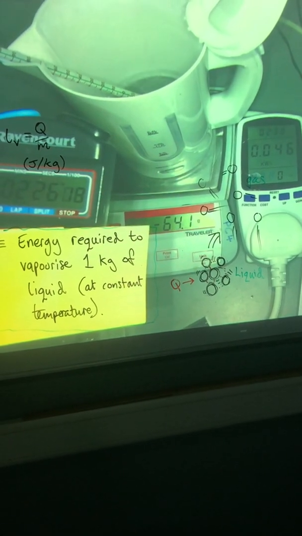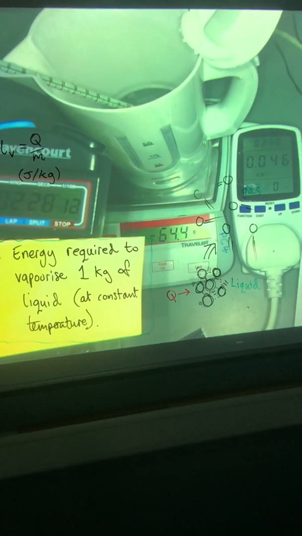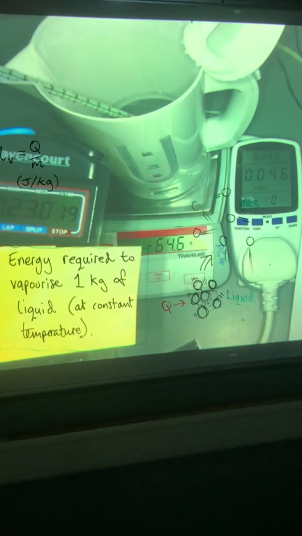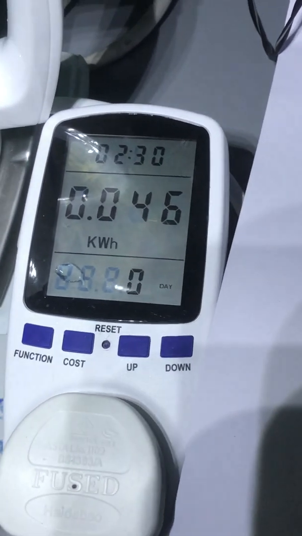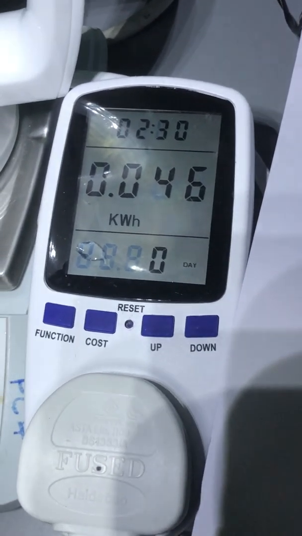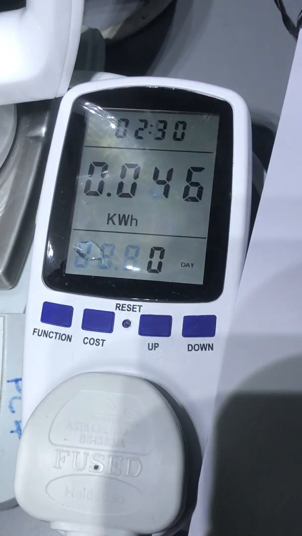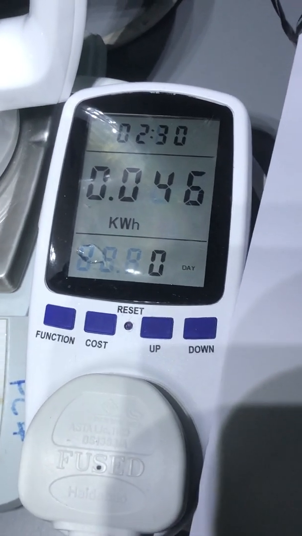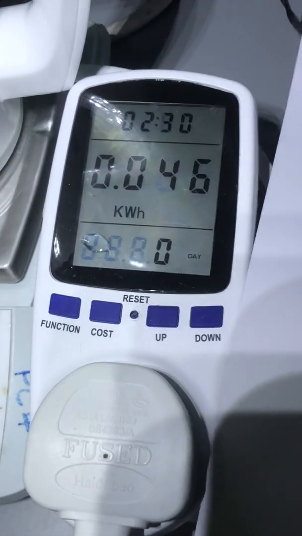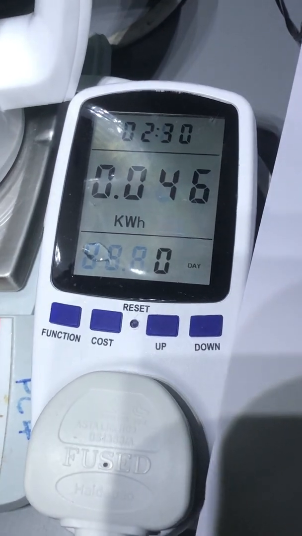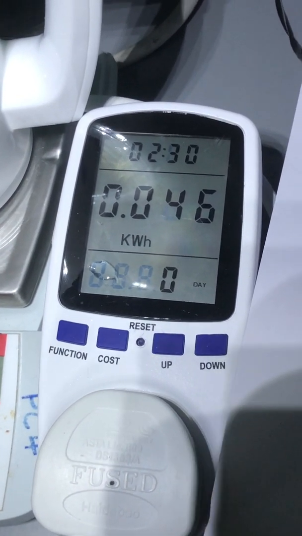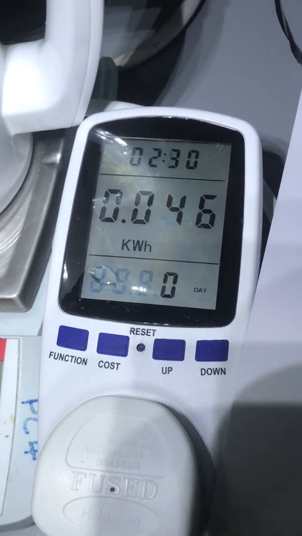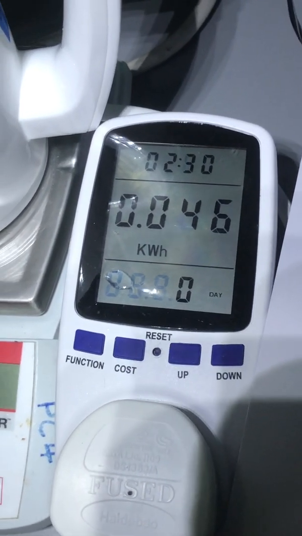Well, it did switch itself off, but it's pretty good because that's where we wanted it. So hopefully you got some data there. We got a total of 46. I mean, you could take 0.002 or 3 off each measurement, because I think by the time we started the stopwatch and switched on, you probably had about 0.003 on there before it was at boiling point.